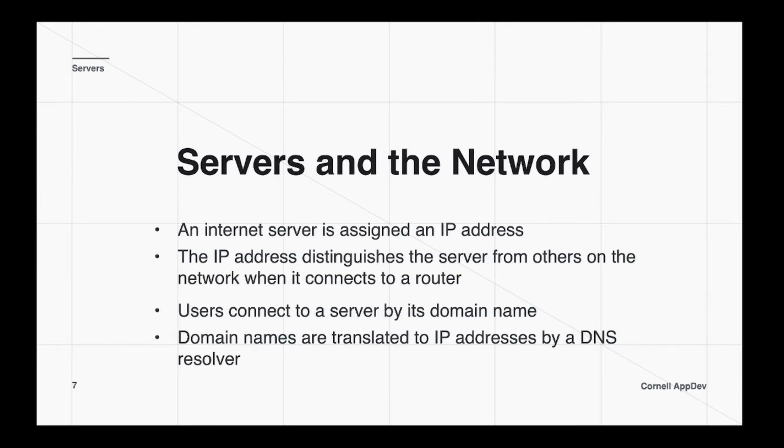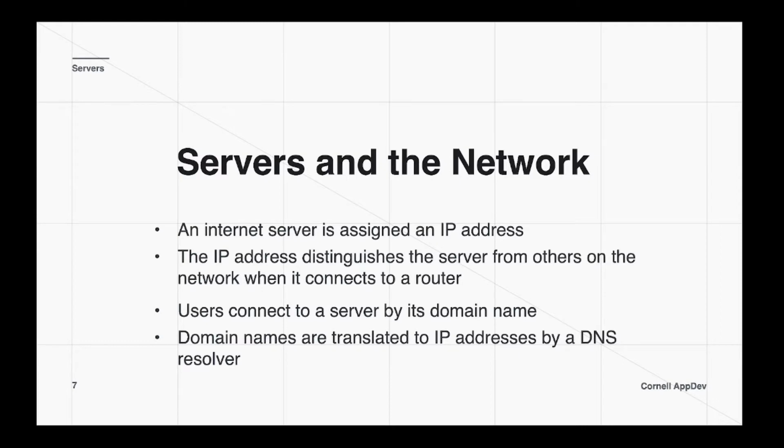Every server has an IP address, and that's what helps distinguish it from other things when connecting to a router. So for example, your IP usually is 0.0.0.0 for your app. That's just the IP that you use to connect to it on your local server. So anything on the LAN network will be able to connect to that.